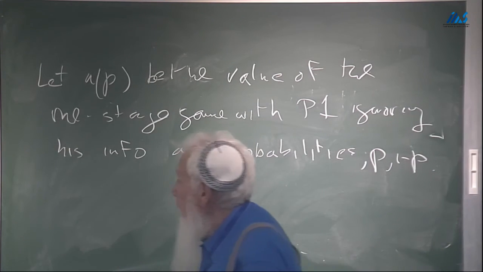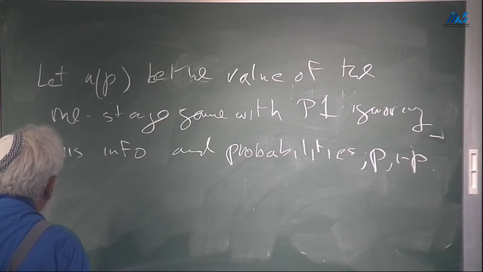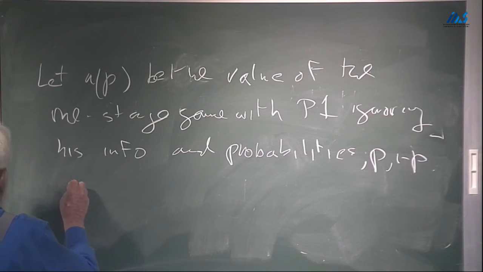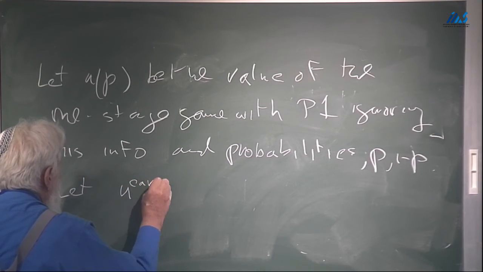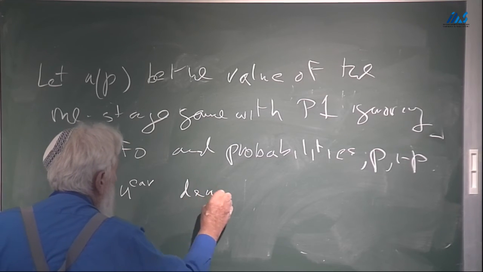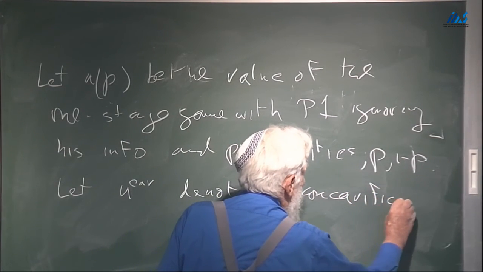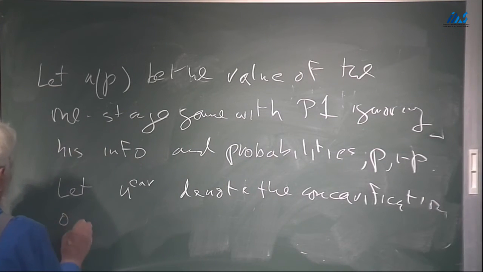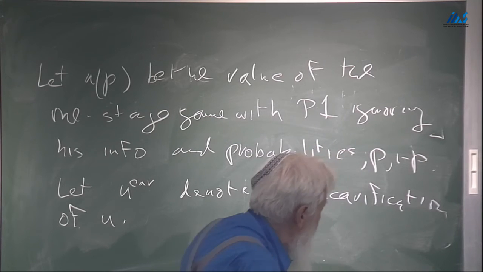Now let U cav denote the concavification of U. What is a concavification? Concavification is the smallest concave function that is greater than or equal to a given function.